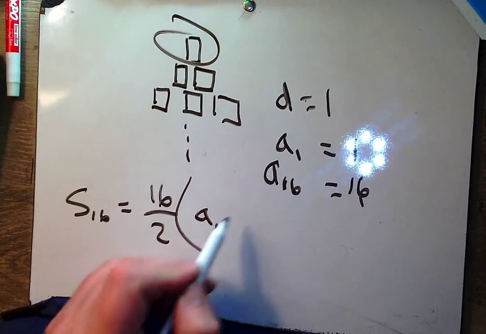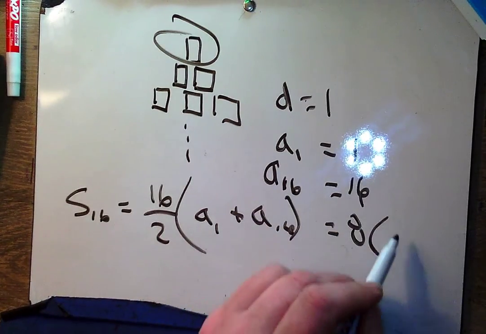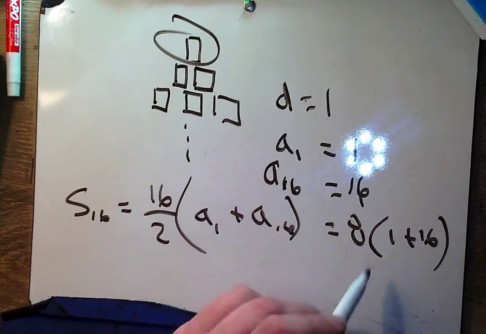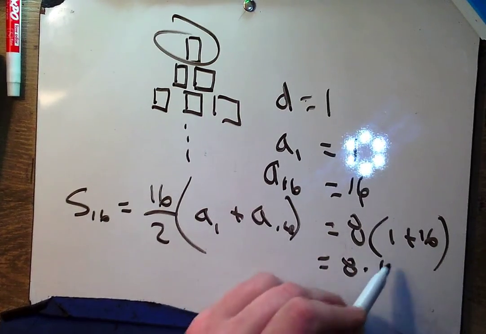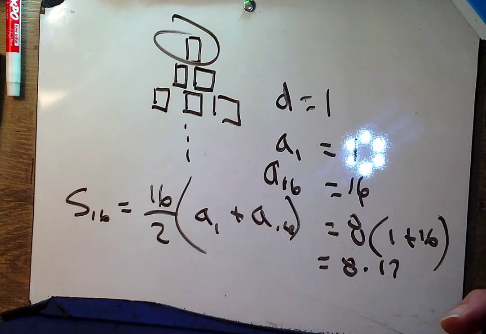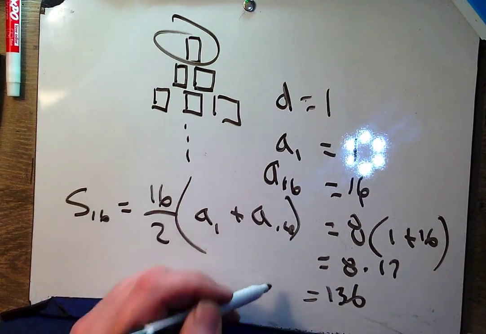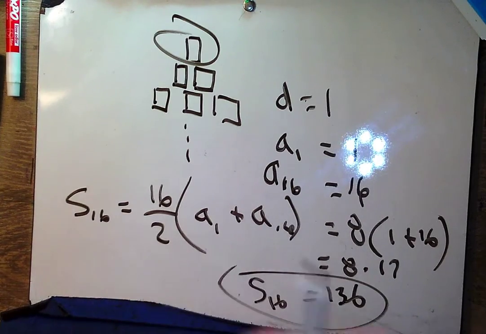And I got a sub 1 plus a sub 16. So that's going to be 8 times 1 plus 16. Or 8 times 17. It's a bunch of cans, isn't it? So 17 times 8 is 136. It's a bunch of cans.